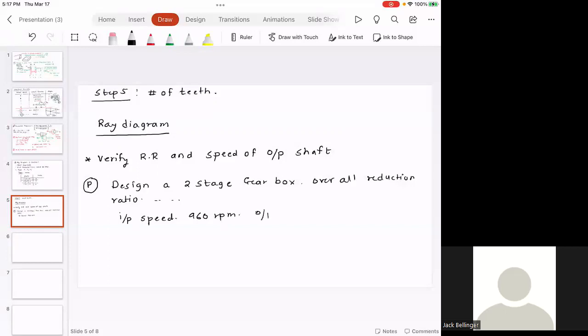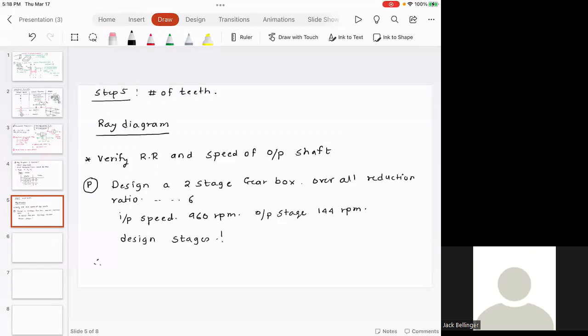First stage output speed is 144 RPM. And what you can do is design the stages. Either they can give you the reduction ratio, say of 6, or they will just give you the input speed and the output speed.